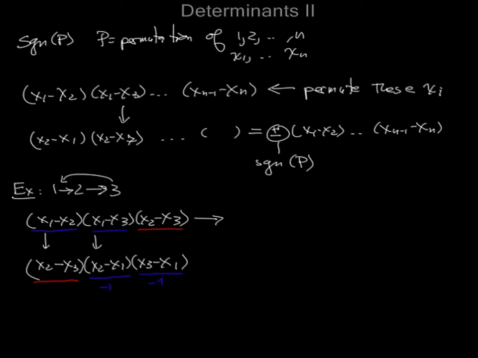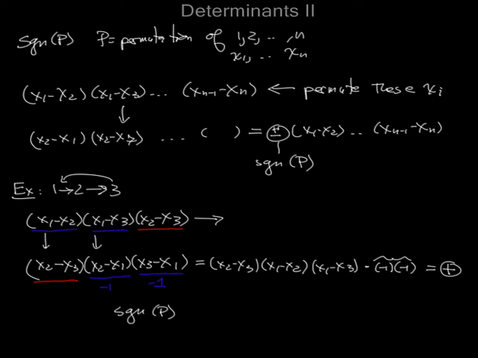And similarly, x3 minus x1 has the opposite sign. So that says that this new guy is the old guy where I changed 2 signs. And so the sign of this permutation is minus 1 squared, which is to say plus 1. So that's sometimes a convenient way to think of computing the determinant. The sign of a permutation.